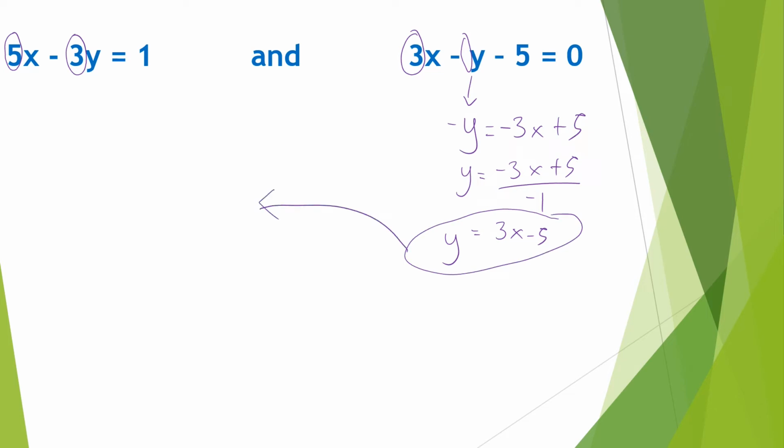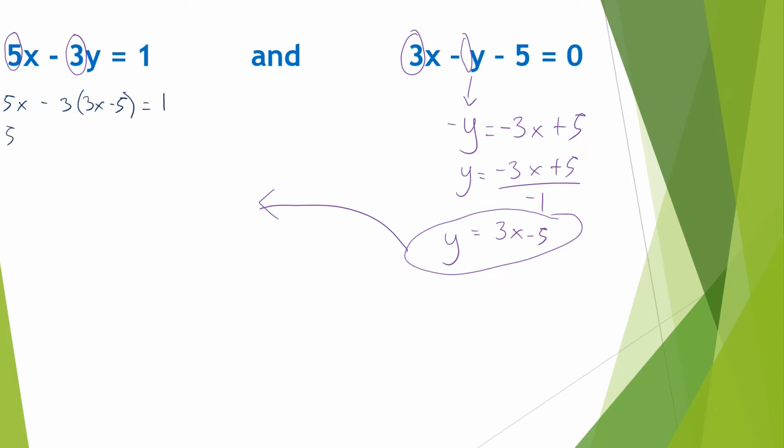Put this, or substitute y in the other equation. So 5x, just copy; y, change, substitute with 3x minus 5, equals 1.